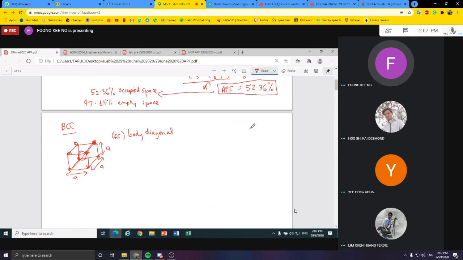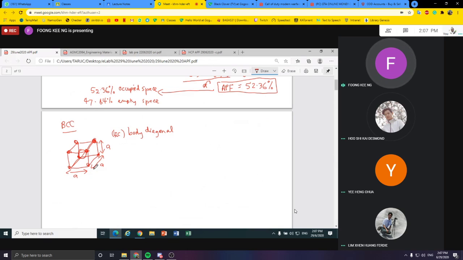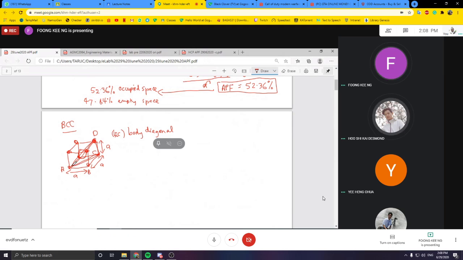So let's look here. This is A. Now let's label this: A, B, C, D. I look at these 4 points. I cannot see my B, sorry. This is my B. Now this is the triangle I'm interested in, a right angle triangle.